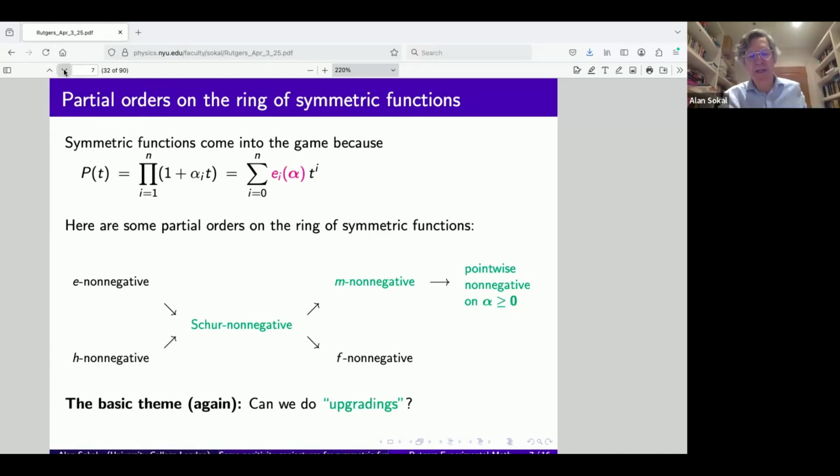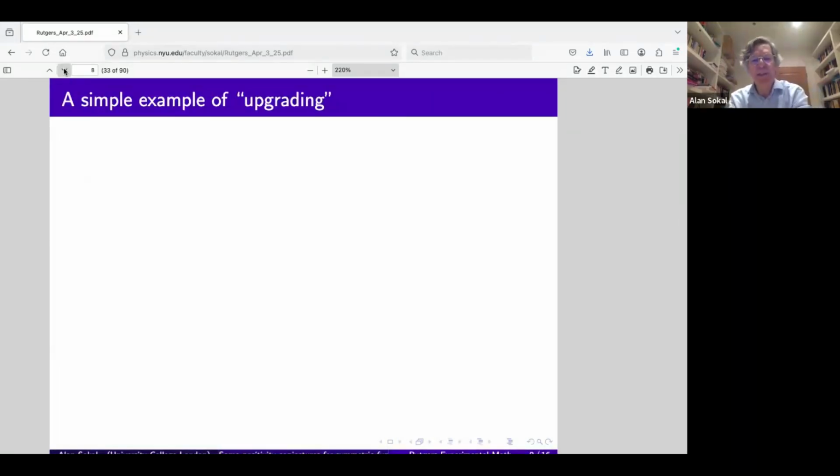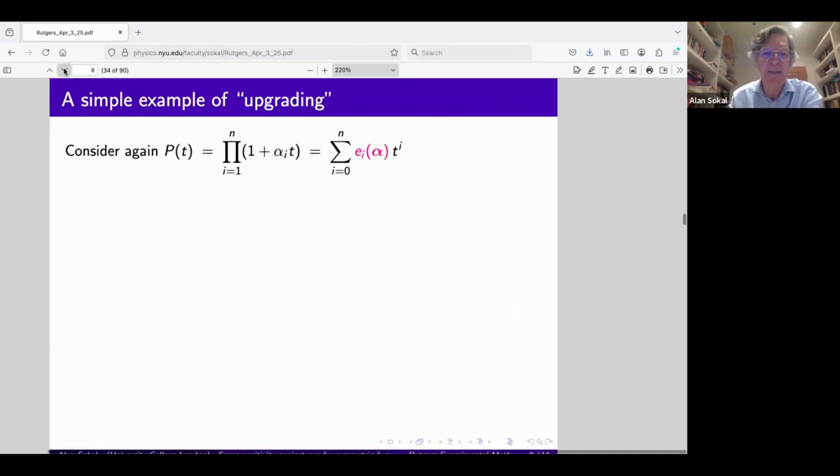And so again, the basic theme is, if we have a theorem that asserts pointwise non-negativity, can we do upgradings? Might it be M non-negative, or maybe even Schur non-negative? So let me show you a simple example where the answer is yes. Just consider again this polynomial with negative real roots.